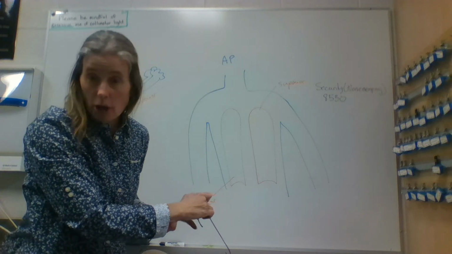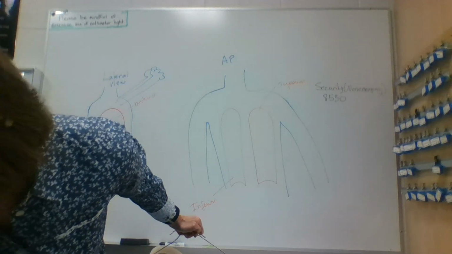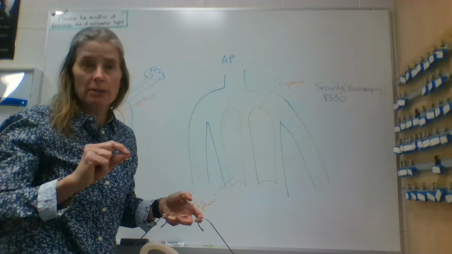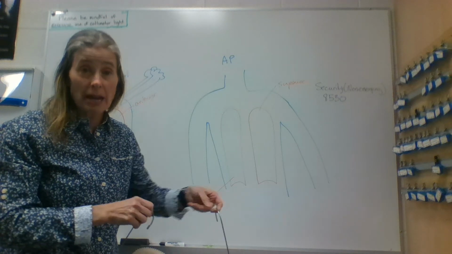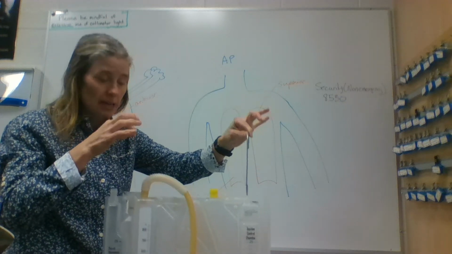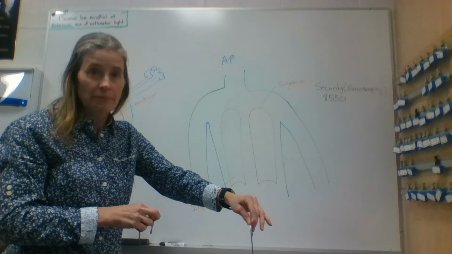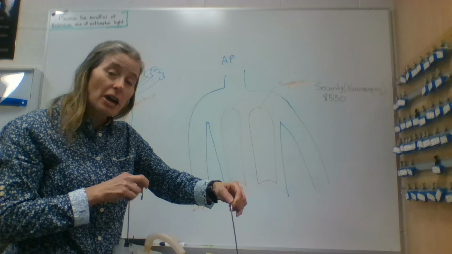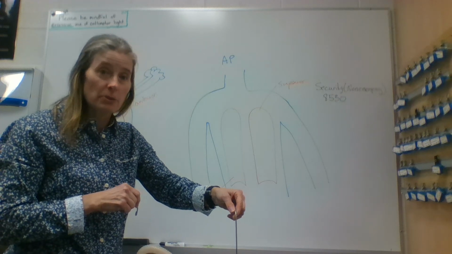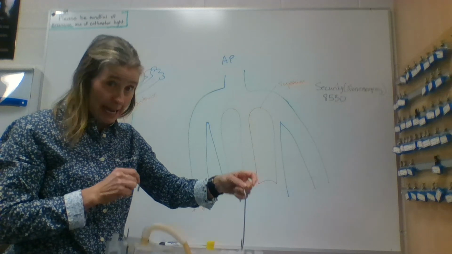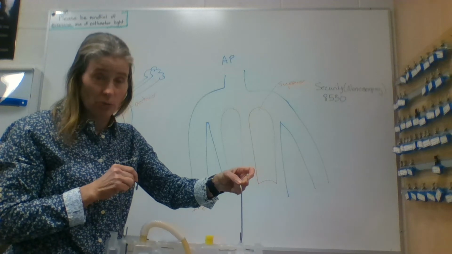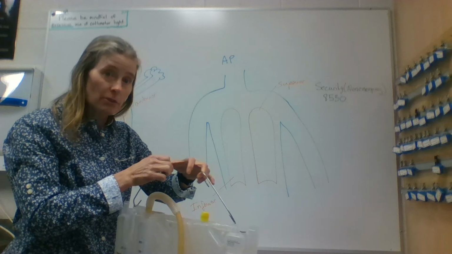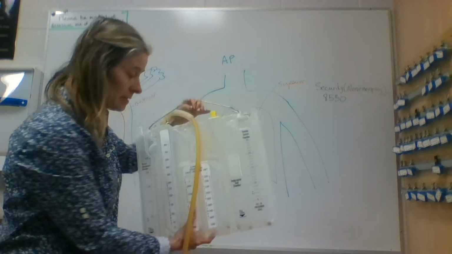A lot of stretchers, and I even have one here, will have a bar, a designated location to hang the chest tube down below the stretcher. We want to make sure that when we are transferring the patient, we take the drainage unit with us.